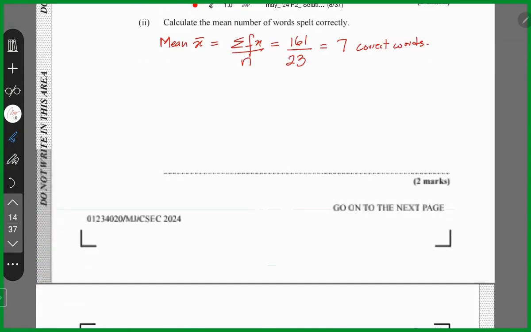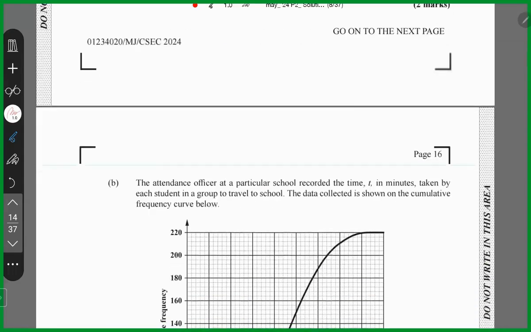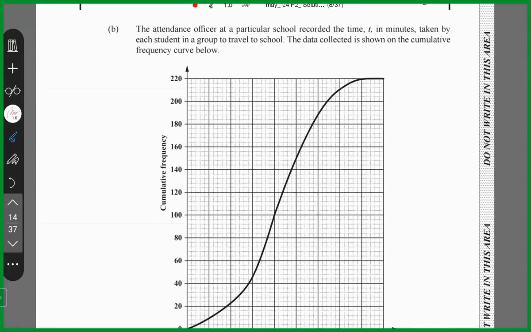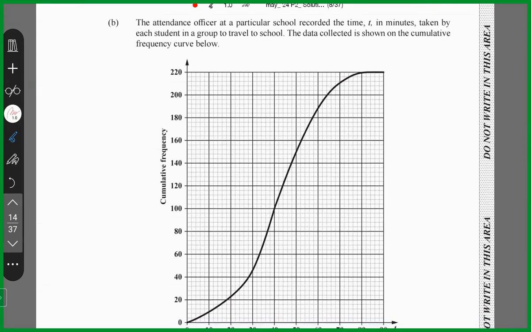All right. Now we're at the B part of the question. The B part of the question says, the attendance officer at a particular school recorded the time, T in minutes, taken by each student in a group to travel to school. The data collected is shown on the cumulative frequency curve below.